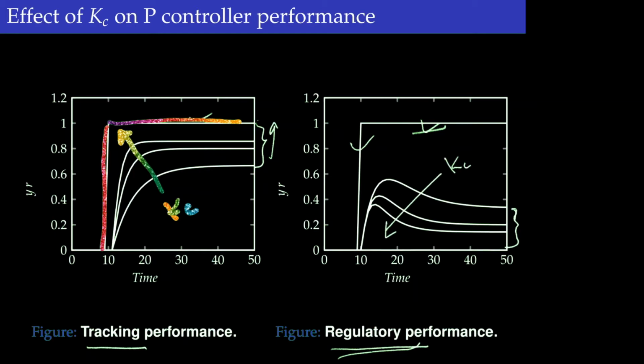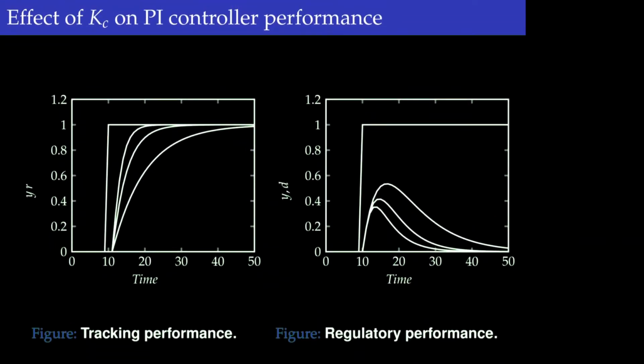As Kc increases, the process is brought back nearer to the previous value, but it is not at the previous initial steady state. So if there is a disturbance affecting the process, the proportional controller will not be able to maintain the set point. However, as the value of Kc increases, the deviation from the previous initial steady state decreases.